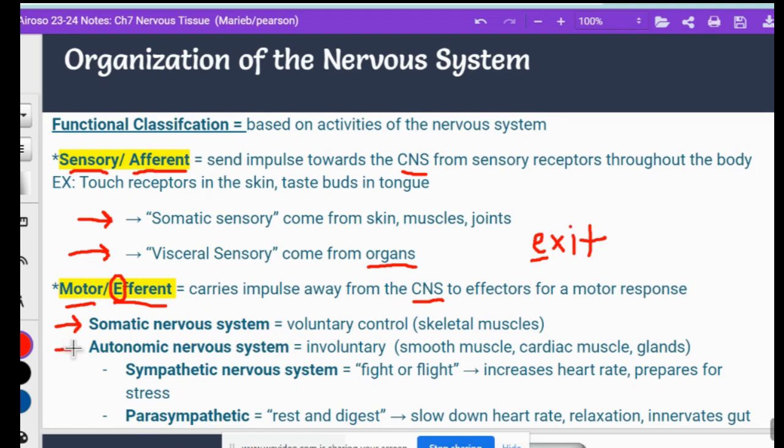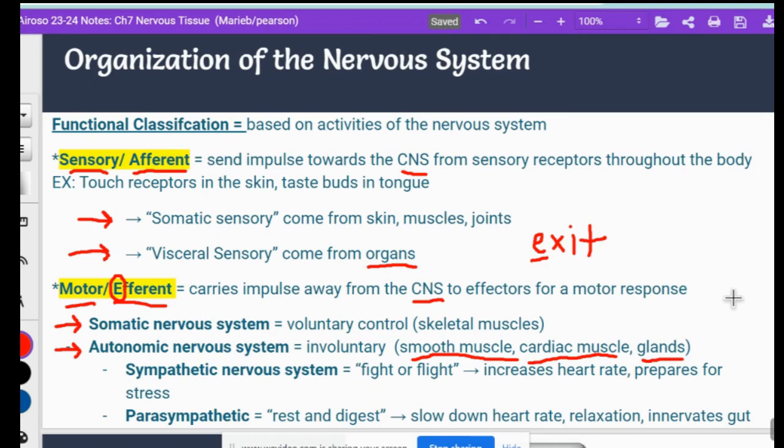And then you also have the autonomic nervous system. This is involuntary. This is stuff that just happens by itself. This is smooth muscle, like the muscles which line your gastrointestinal tract, around your intestines and your stomach, cardiac muscle in your heart, and also your glands like your pancreas, thyroid, and pituitary.